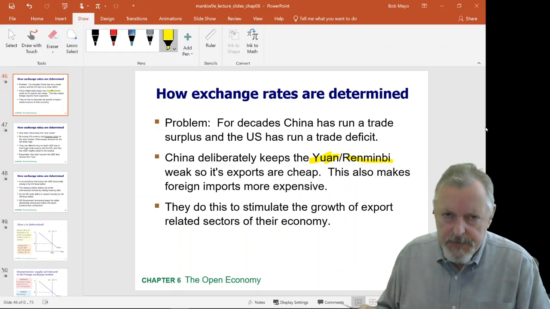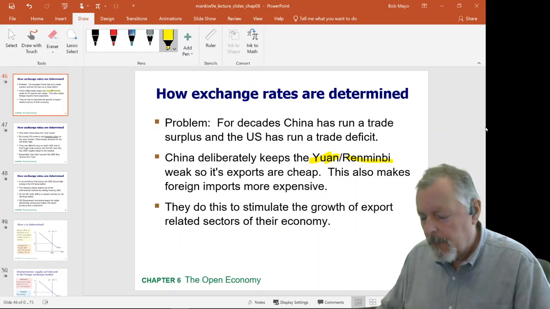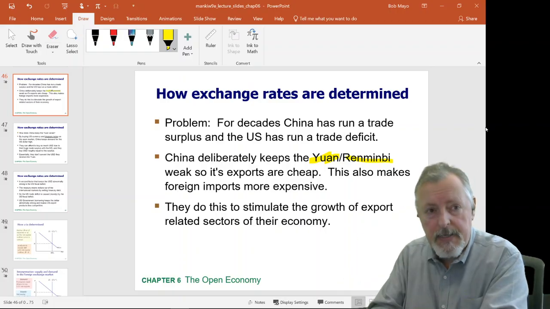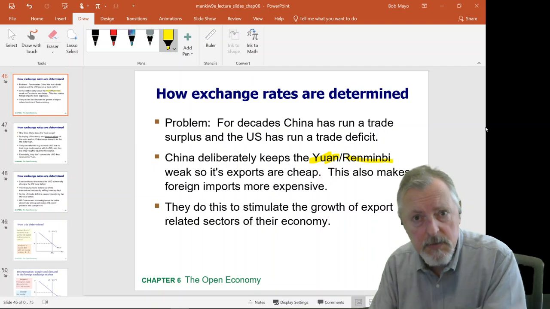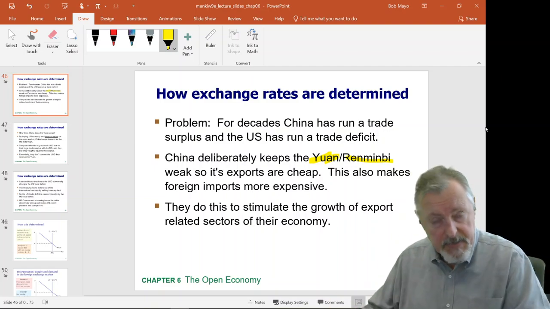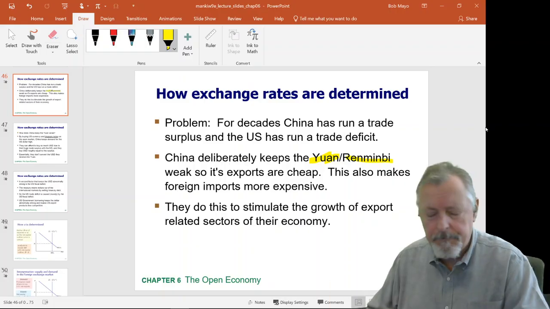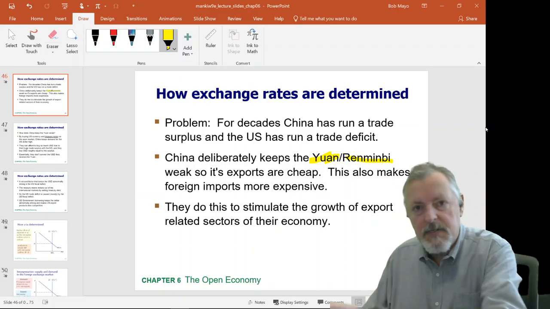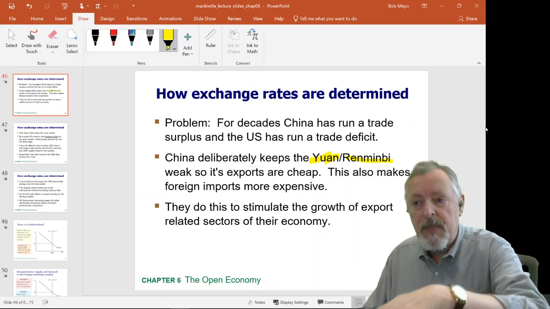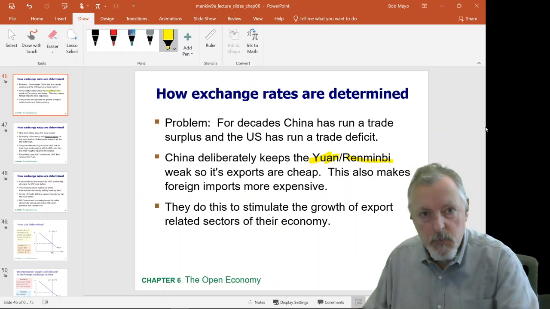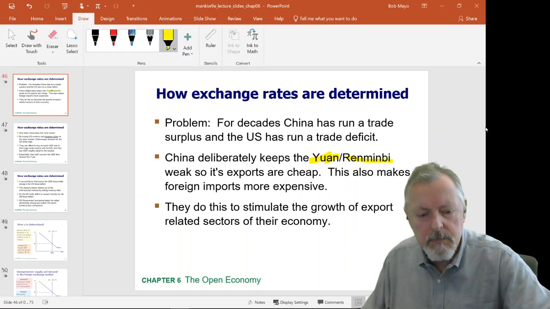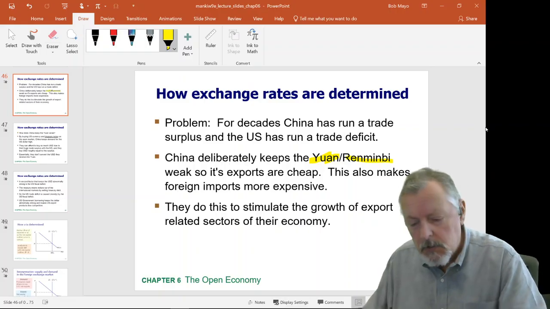I use yuan all the time because it's the one I can pronounce. They print a ton of yuan and dump that money into the foreign exchange markets. They sell yuan, and they can sell as many as they want because they can print them. If you're constantly flooding the foreign exchange markets with a currency, the price of that currency will fall, meaning it keeps the yuan value low.